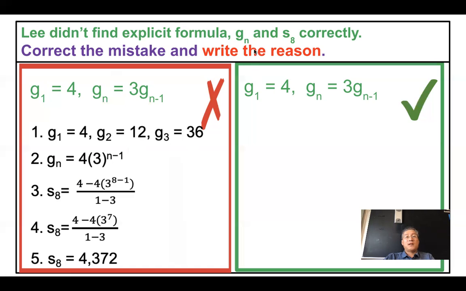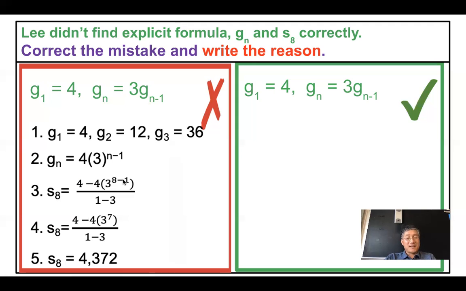But we should find the explicit formula we found, and then we need to find Sn, S8. We are going to add 8 terms. When we use the sum formula for the sequence of 8 terms, we use S8 equal to what? First term minus first term times 3 to the what power? N minus 1 power. That's wrong, right?